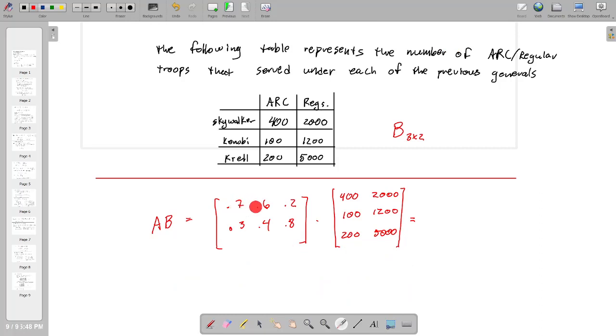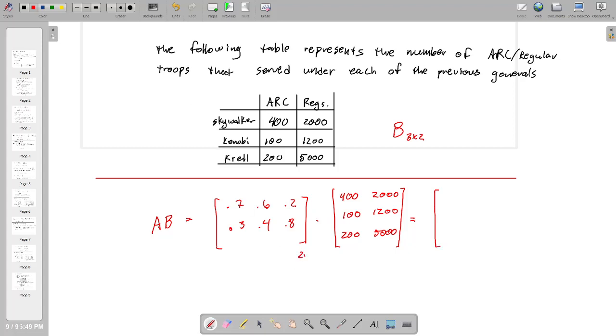Now, when we multiply this, remember the category for columns here, Skywalker, Kenobi, Krell, and the category for rows here, Skywalker, Kenobi, Krell. When we do a row times a column, we're multiplying Skywalker times Skywalker, Kenobi times Kenobi, and Krell times Krell. We would do 0.7 times 400, 0.6 times 100, and 0.2 times 200. I'm just going to give you those numbers.